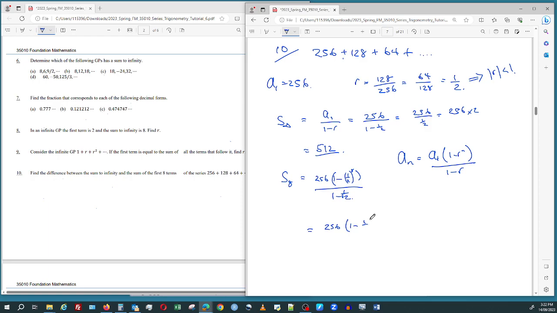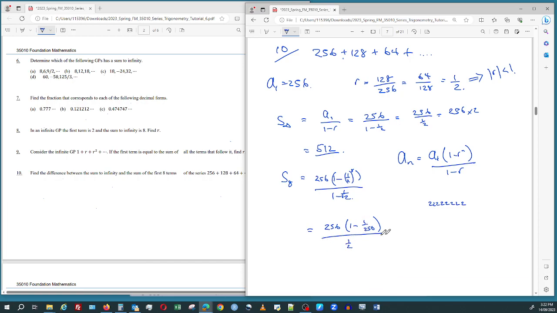We've done it before. 2 2s are 4, 2s are 8, 2s are 16, 32 is 5, isn't it? 64, 128, 256. That's 1 over 256. And 1 minus a half is just a half.